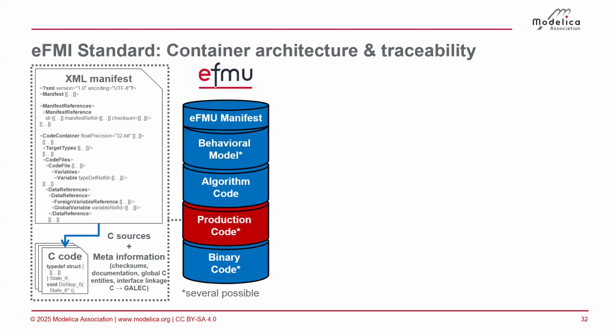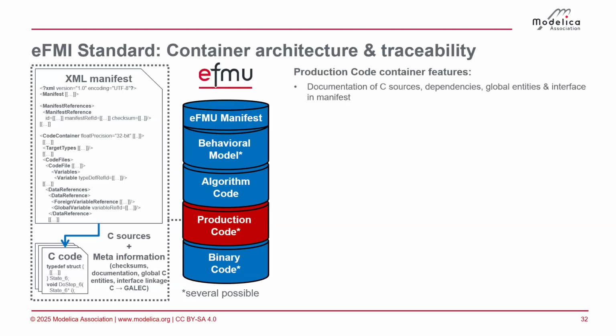And then we come to the next container, the production code. The idea is the same. We have the C code, that is arbitrary C code, whatever your production code generator will generate. But we have the manifest, which now describes the interface of that C code, and it links it back to the algorithm code. So the production code documents the C sources, their dependencies, global entities, and interfaces.